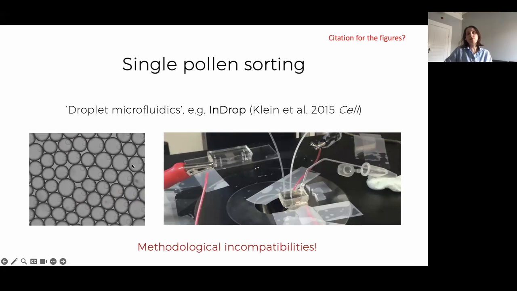And a nice example of a technology that we were very interested in adopting, but it was just not compatible with microfossil characteristics, is droplet microfluidics. This is an approach where single cells are encapsulated in aqueous droplets. And you can see them here. So it's one cell per one droplet.